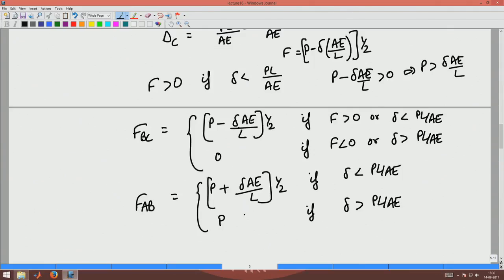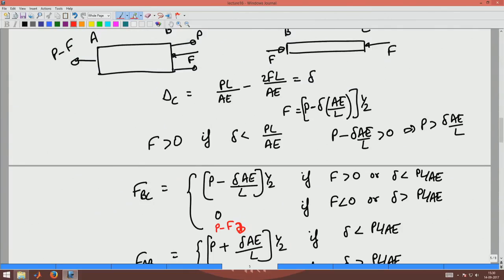Because F is 0, this is essentially P minus F. So, P minus F will give me that. Okay. That comes from the observation that at AB, P minus F is the axial force that this member AB sees. Okay.